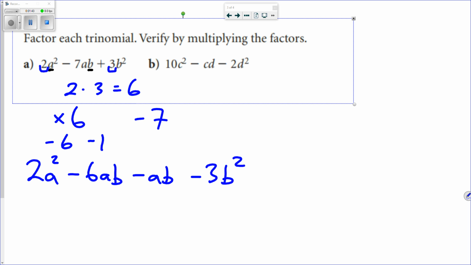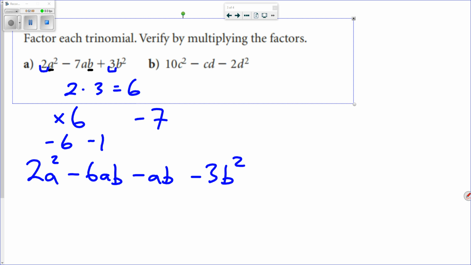Now, you may be wondering if the order matters for how we split up that middle term. We'll take a look at that momentarily once we finish it off. We'll see if it changes our answer or not.